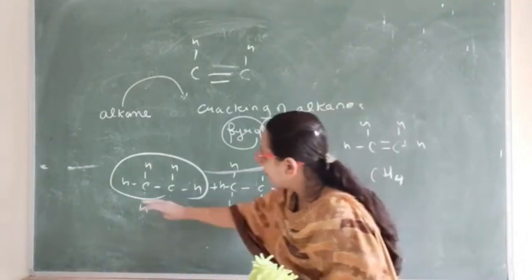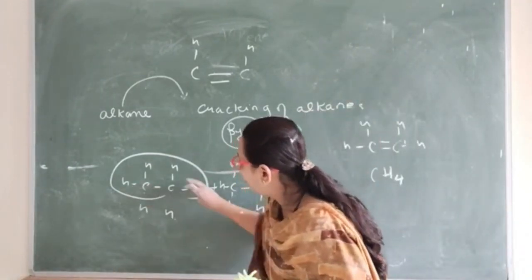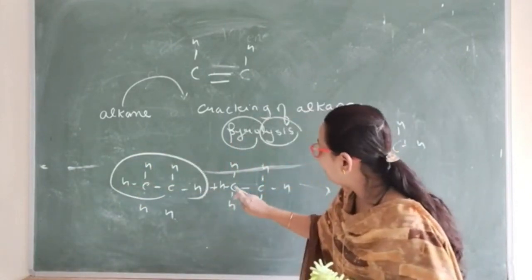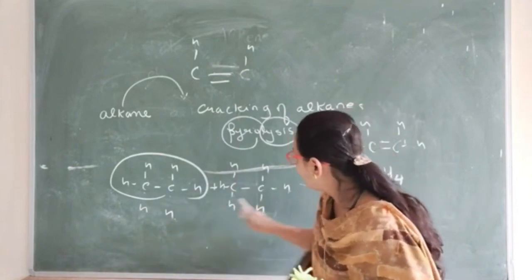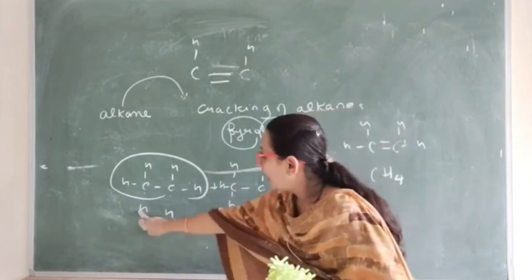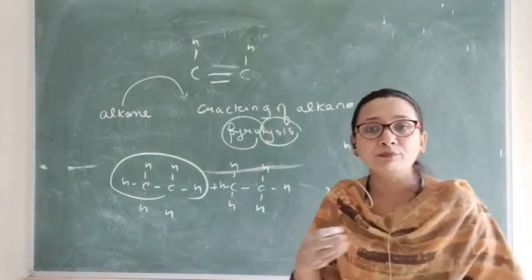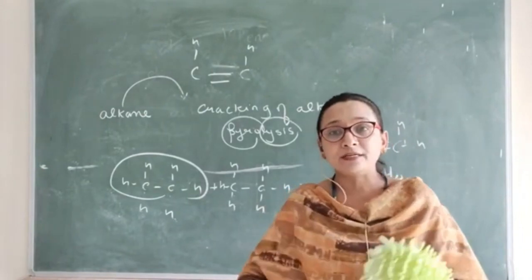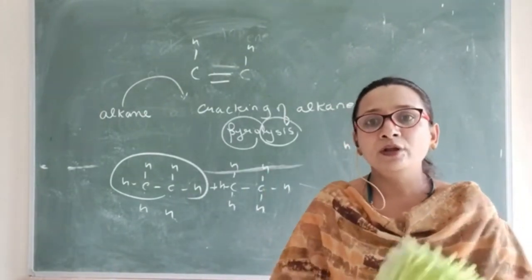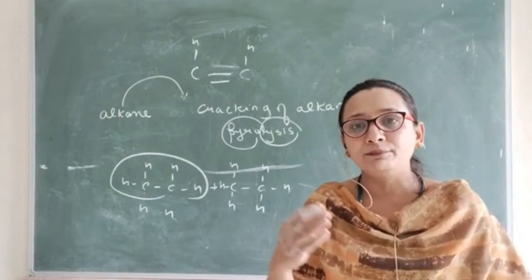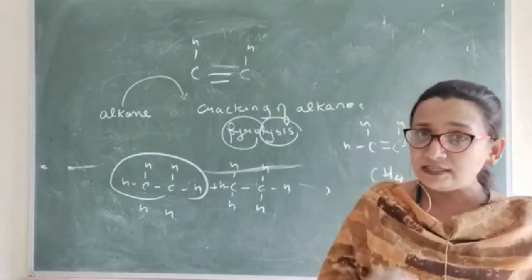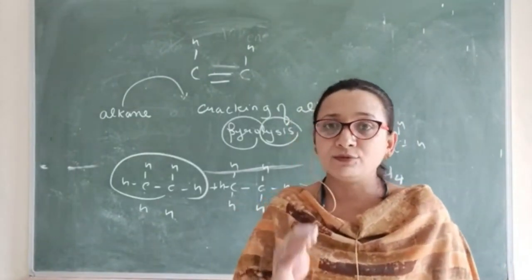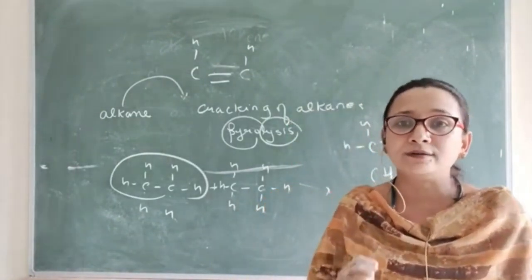How is it breaking? If these 2 hydrogens are removed from here, a double bond forms here, and this becomes an alkene. This hydrogen comes here and attaches, giving methane, CH4. Also hydrogen gas can be eluted out, with more and more such molecules, because this is repeated, like a chain reaction, and it keeps on breaking new molecules. We have seen a video on the reaction of cracking and the mechanism also. Please do watch that video once again.